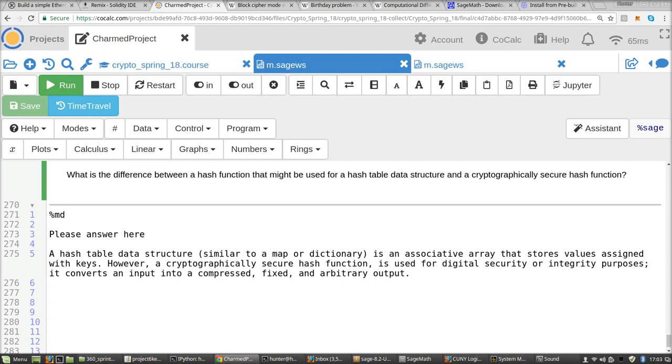In cryptography, you have to resist things that happen by malice. So that's what I was thinking when I asked this question. A hash table has to resist accidental bad things, but cryptographically secure objects have to resist intentional attacks, people trying to break the system on purpose, like trying to deliberately find 2 things that collide or trying to dig out a pre-image or something like that.